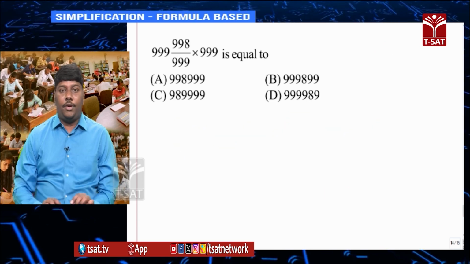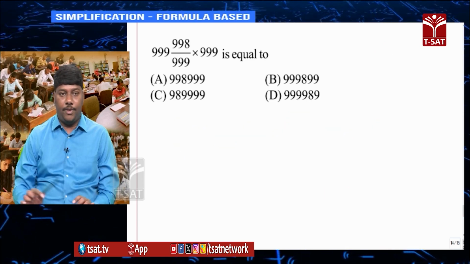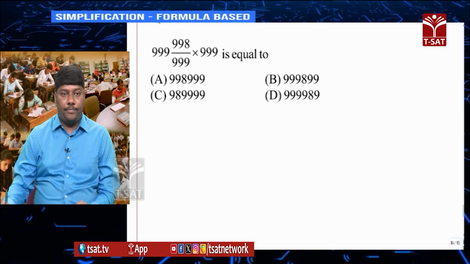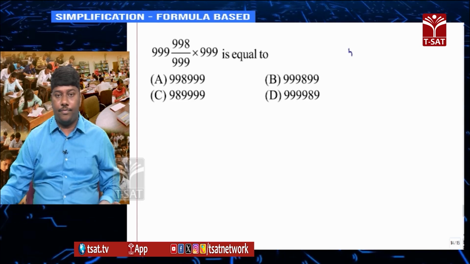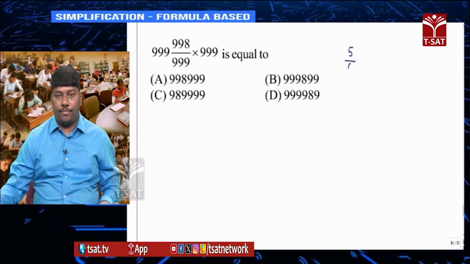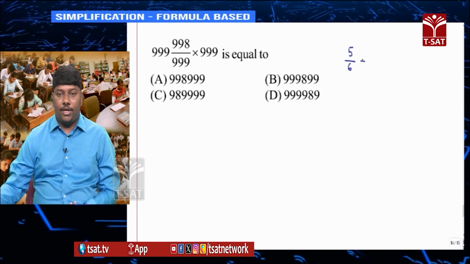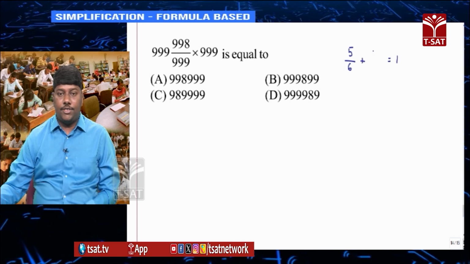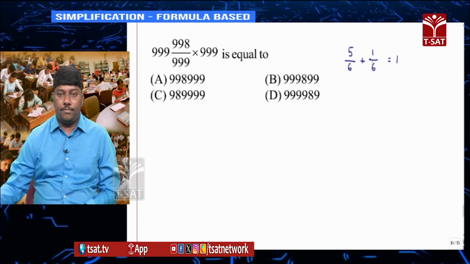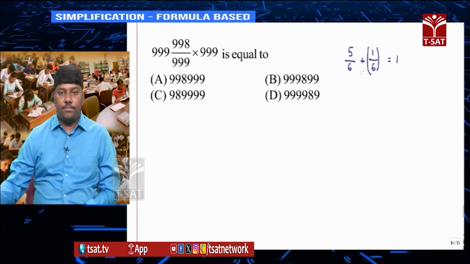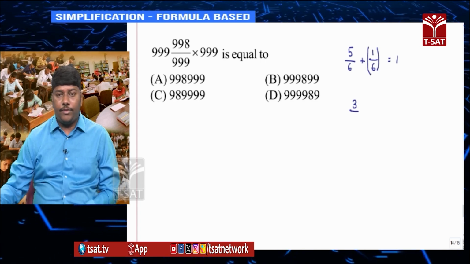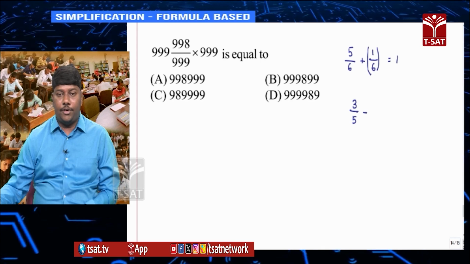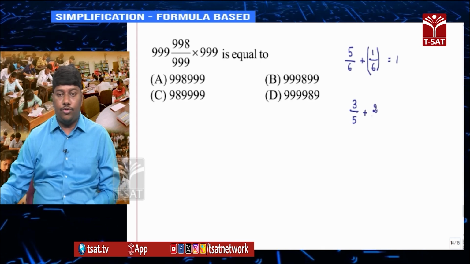We all know a b by c is a plus b by c. Now see here, take 5 by 6. How much do you need to add in order to make it 1? I just need to add 1 by 6. I have 3 by 5. How much do we need to add to make it 1? That's 2 by 5.